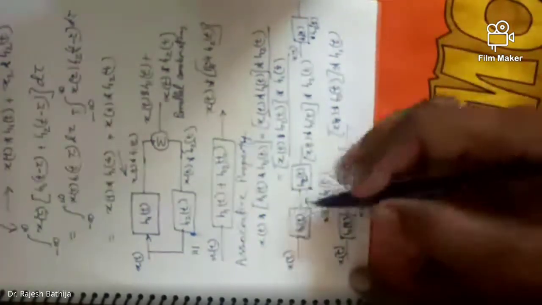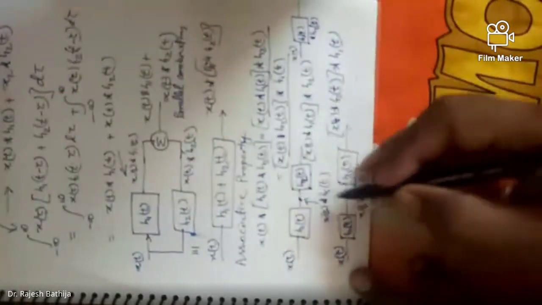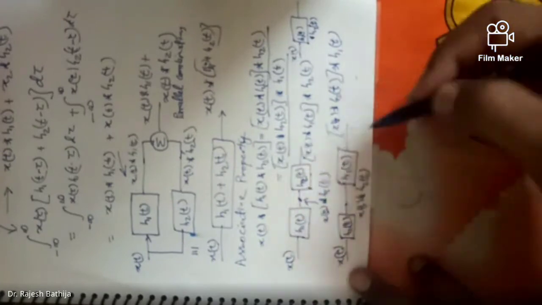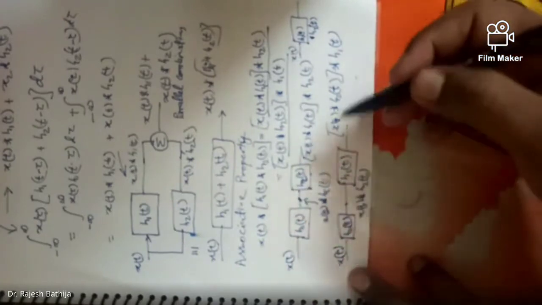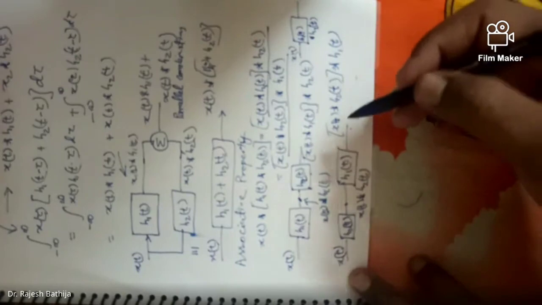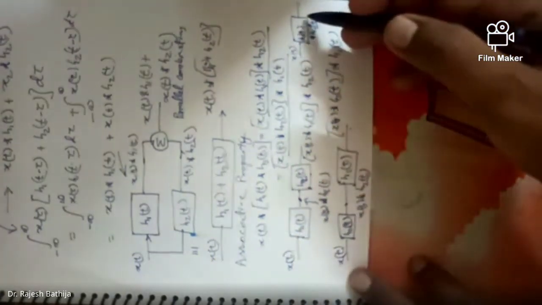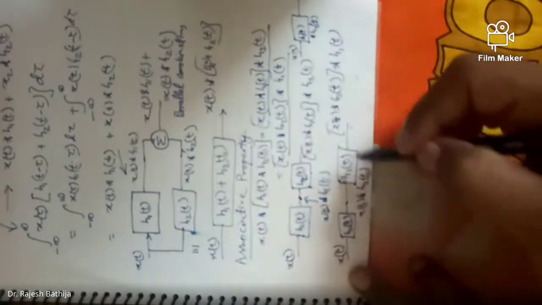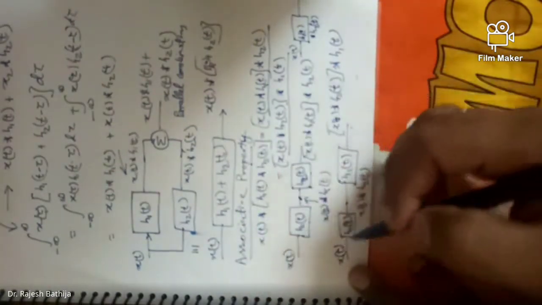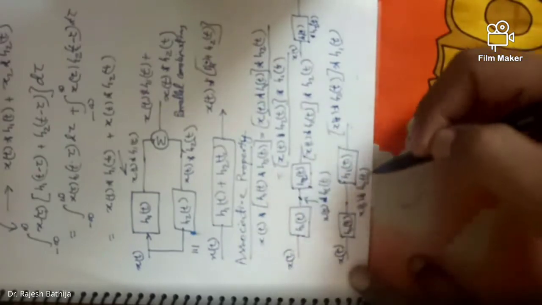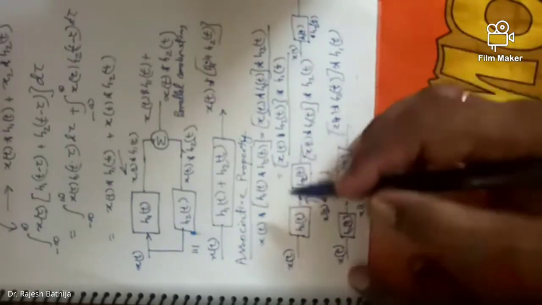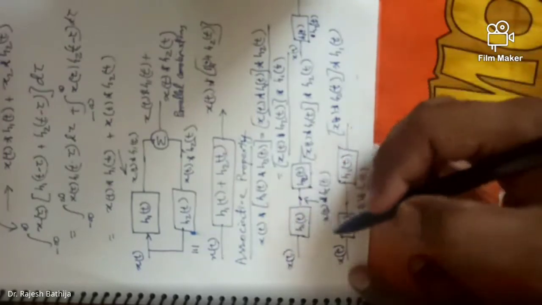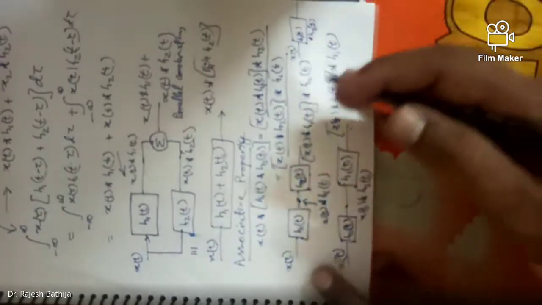Individual outputs will definitely be different, but the overall output will remain the same in this case or in this case. So the associative property gives a very important concept that in LTI, in cascade, the order of cascading does not matter.